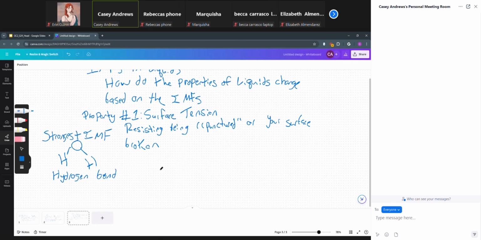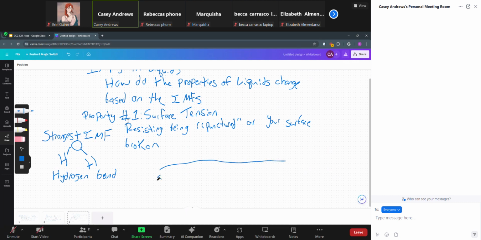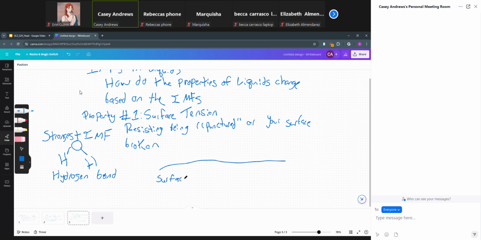And so at the surface of water, you have all these water molecules that are hydrogen bonding to each other in all directions. So you have this giant web of hydrogen bonds. And above the water, right, you have air.